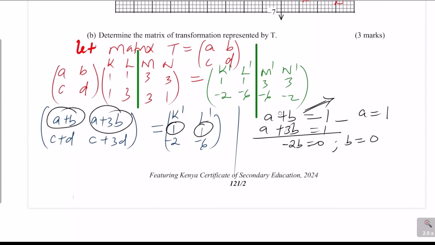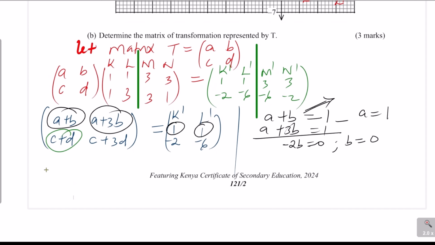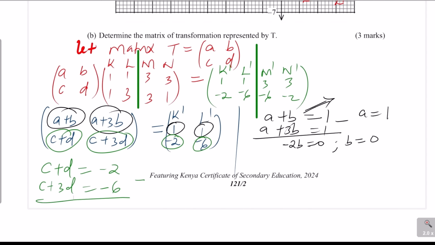So now we can proceed and use the other one to get C and D. So C plus D is equal to negative 2, and then C plus 3D is equal to -6. So again, you can subtract this to eliminate C. D minus 3D will give minus 2D, and subtracting -6, that will be -2 plus 6, that will be 4.